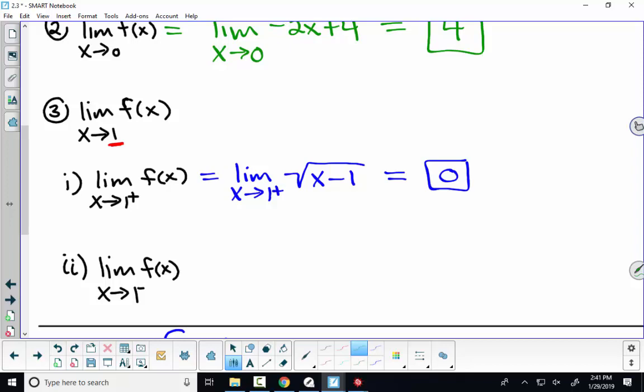It's the top piece. I can only approach 1 from the left, or values that are slightly smaller than 1, on the top piece, which was negative 2x plus 4. As we approach 1 from the left on negative 2x plus 4, what is our limit? Positive 2.